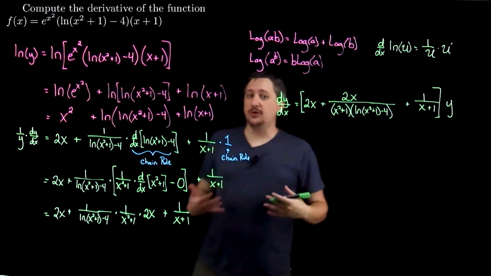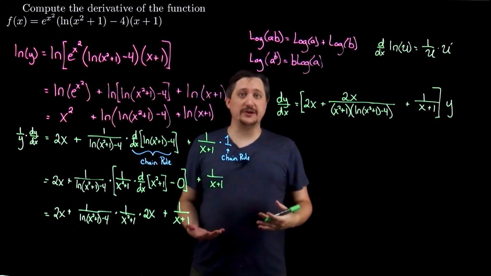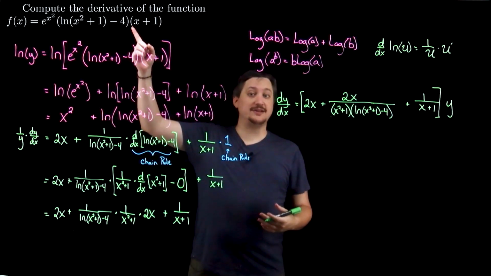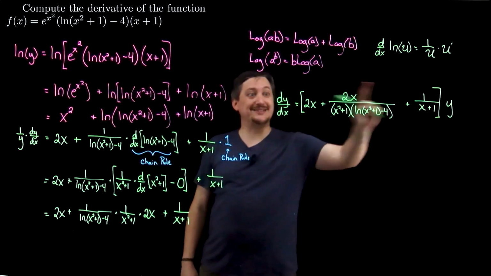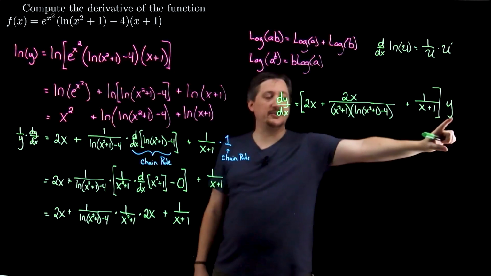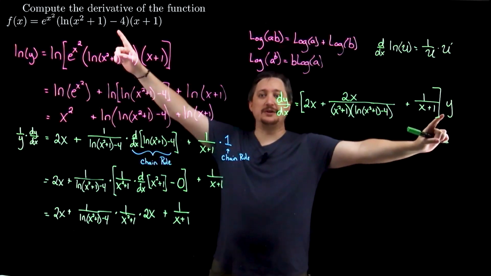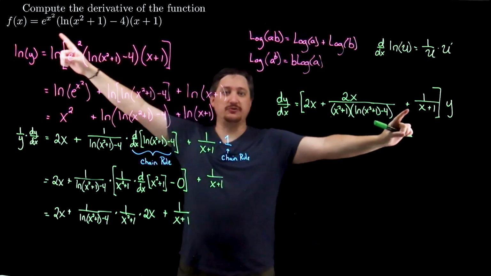And again, one of the things with logarithmic differentiation is the original thing was not implicitly defined. It was explicitly defined, which means I should give back an explicitly defined function. In particular, I need to get rid of this y by subbing in what y is, the original function.